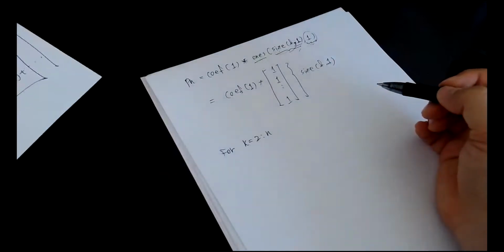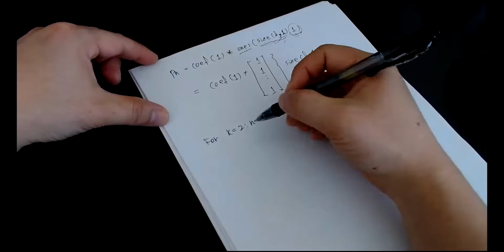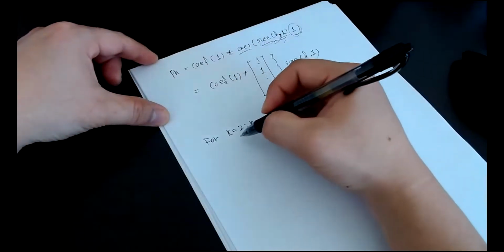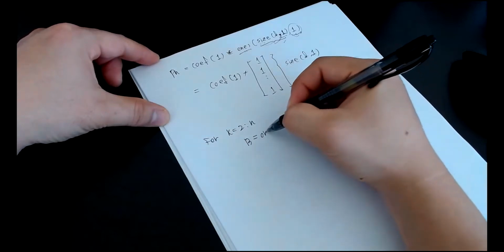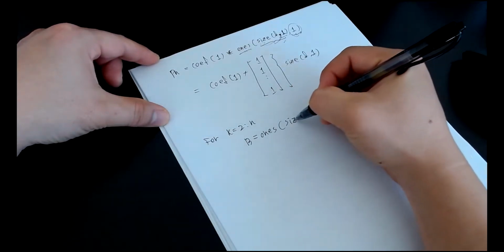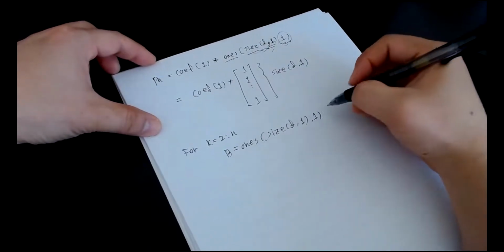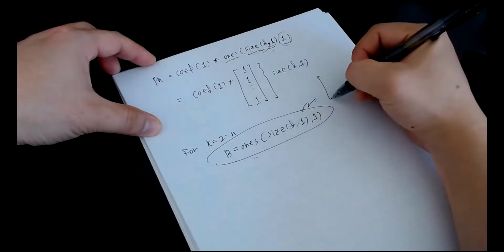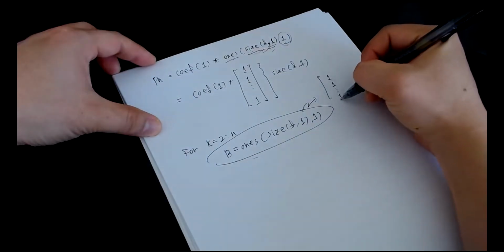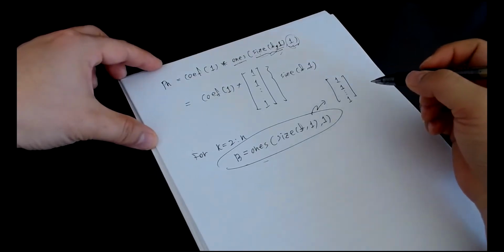So then what we're going to do: for k equals 2 to n, b is equal to ones, and then size t comma 1 comma 1. What does that mean? That means just 1, 1 through 1, the column vector filled with 1.